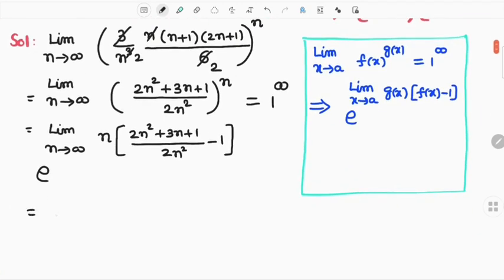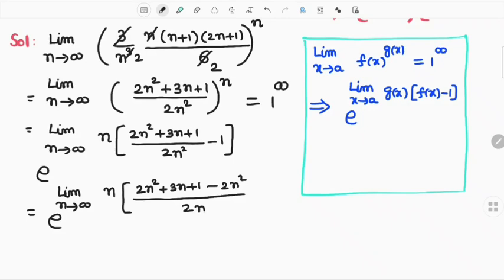Which is equal to e power limit n tends to infinity of n into (2n square plus 3n plus 1 minus 1 into 2n square) divided by 2n square.